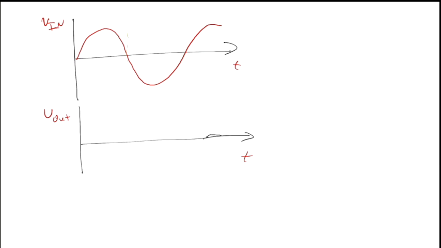For the output voltage, we'll have exactly the same as the input, but whenever the input goes negative, it just is 0. The output's 0, and this is a rectifier. This circuit here.